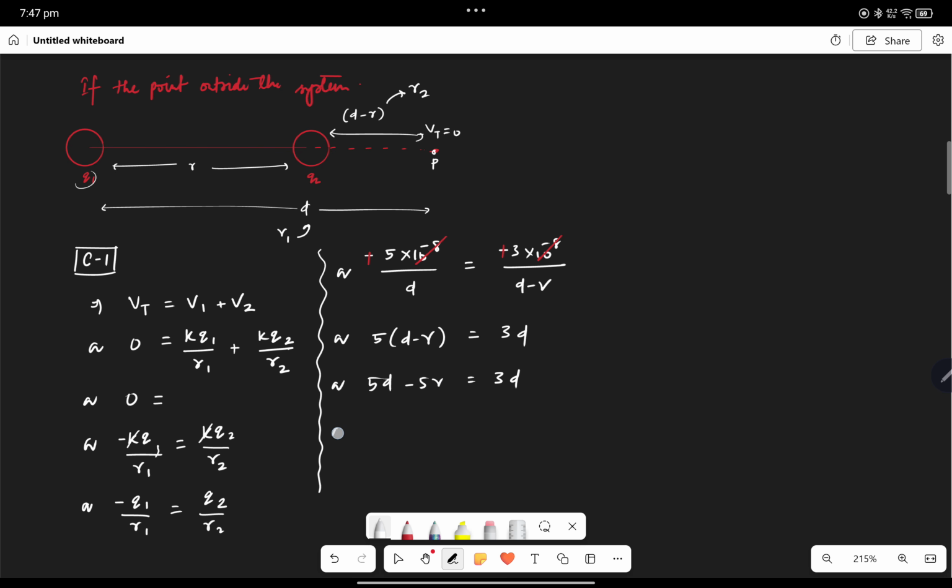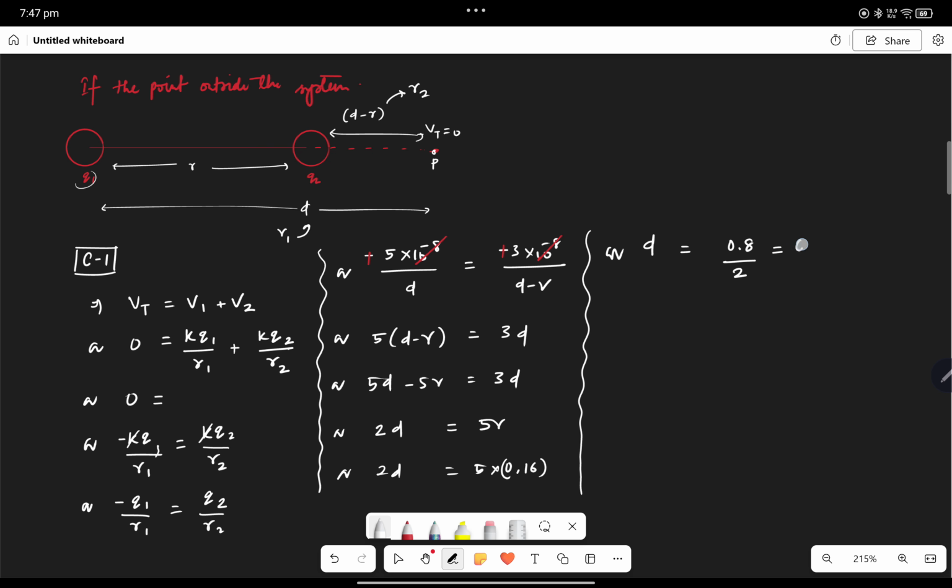That means 2d is equal to 5r, and the value of r we know is 0.16. So 5 into 0.16, and by solving it further, we get d equal to 5 into 0.16, that is 0.8, divided by 2.